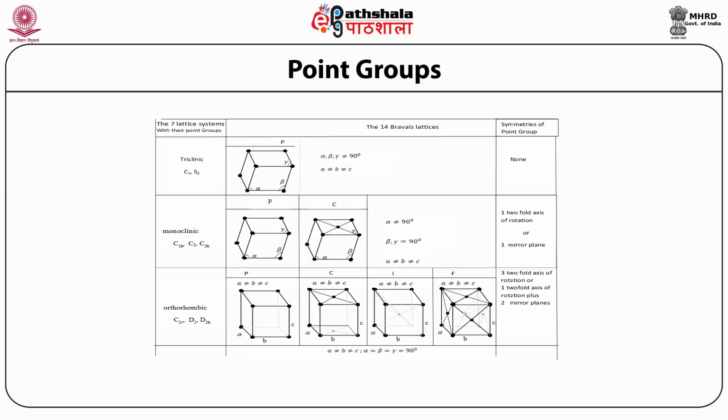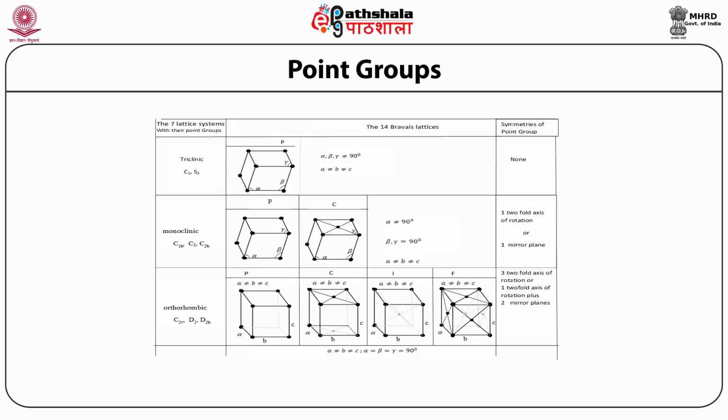It has one two-fold axis of rotation or a mirror plane. So its point group is C1H, C2 or C2H. The third lattice system is called the orthorhombic system. In this system, the length parameters of the crystals are all unequal, but the angles alpha, beta, gamma are all 90 degrees.